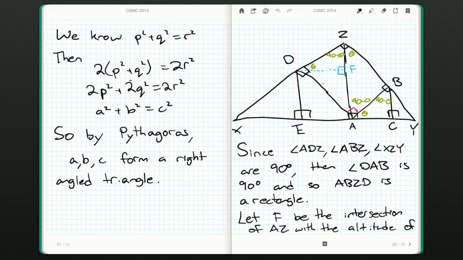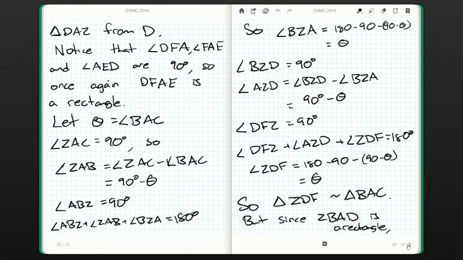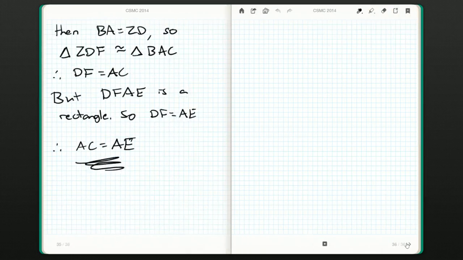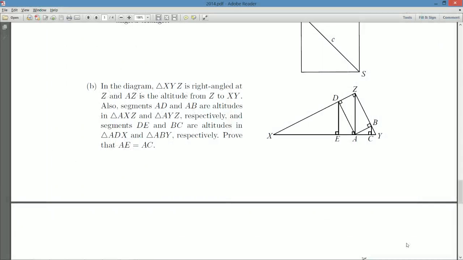And DF is part of a rectangle, so DF was the same as AE, but DF was AC, so AC equals AE. So certainly a good idea to drop that altitude at F, and then it was a bit of diagram chasing with the angle, although not that much. And yeah, we got our final answer. Well, not an answer, but we proved, and we proved rather nicely, I would say.